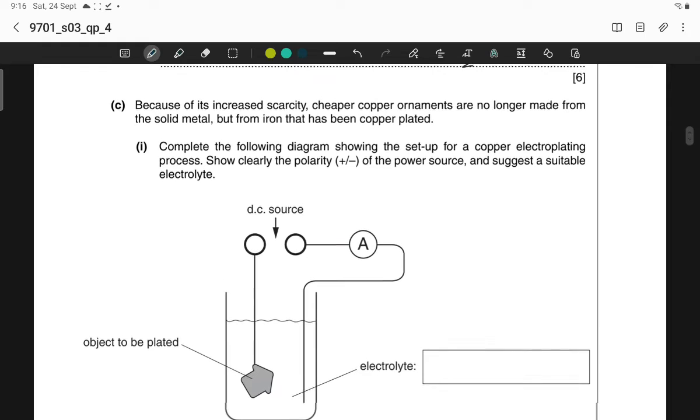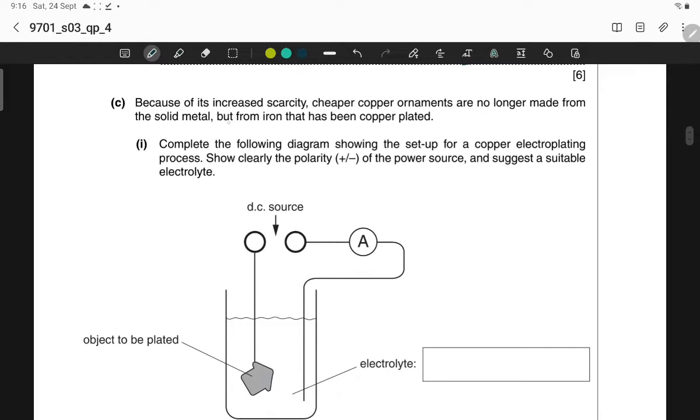So the next question: because of increased scarcity, cheaper copper ornaments are no longer made from the solid metal but from iron that has been copper plated. Complete the following diagram showing the setup for a copper electroplating process.